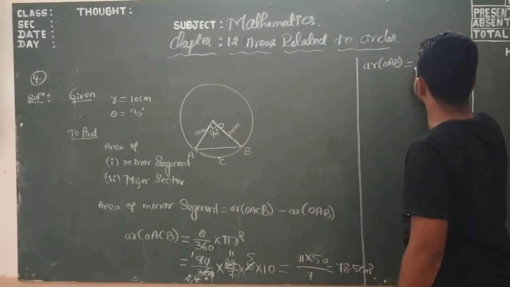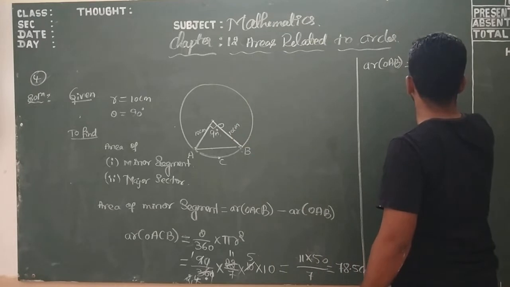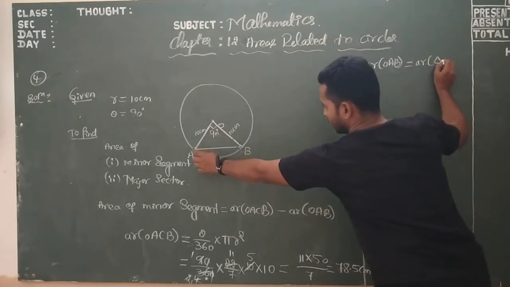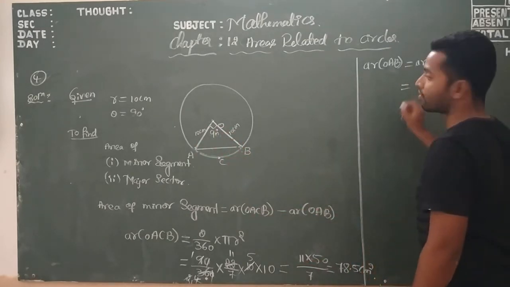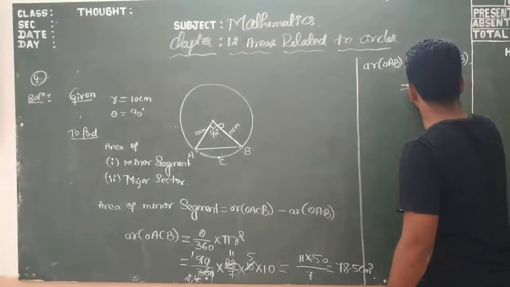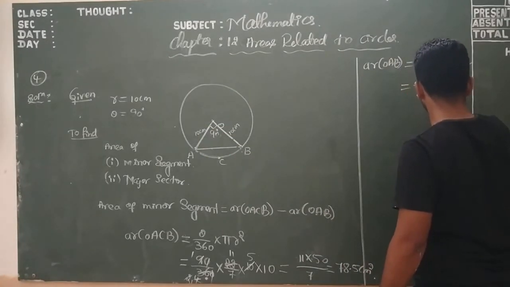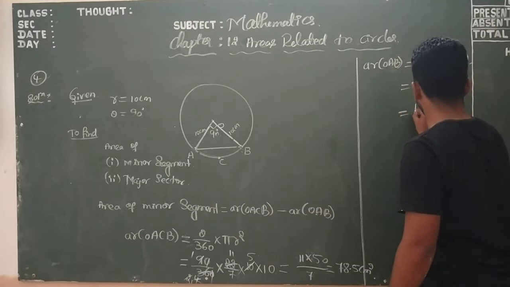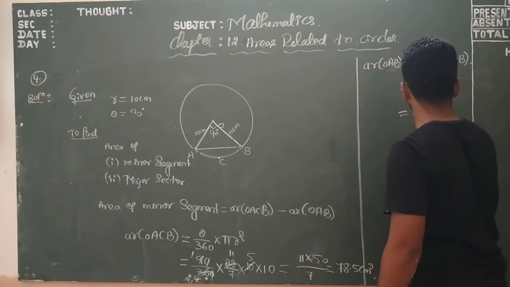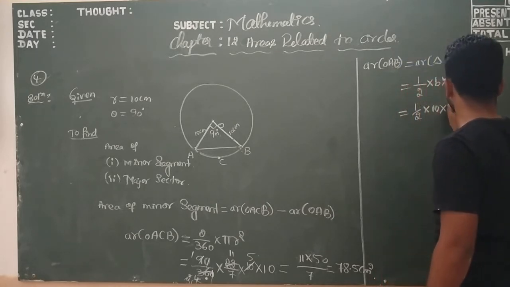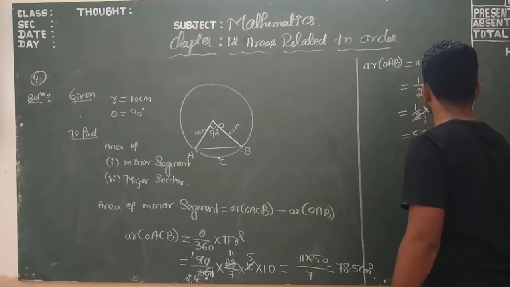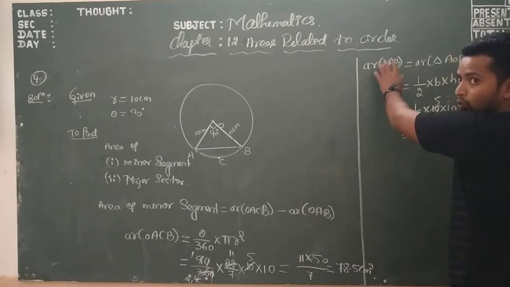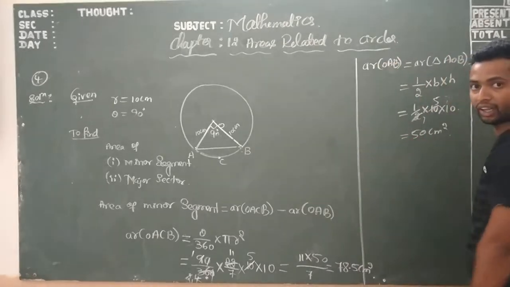The area of a triangle is half into base into height. So half into 10 into 10 is 50 centimeter square. The area of this triangle OAB is 50 centimeter square.